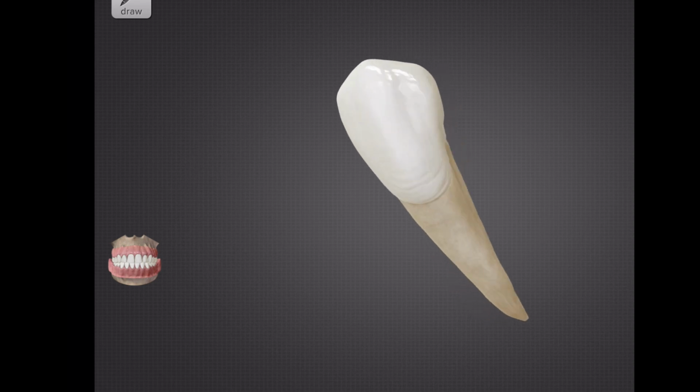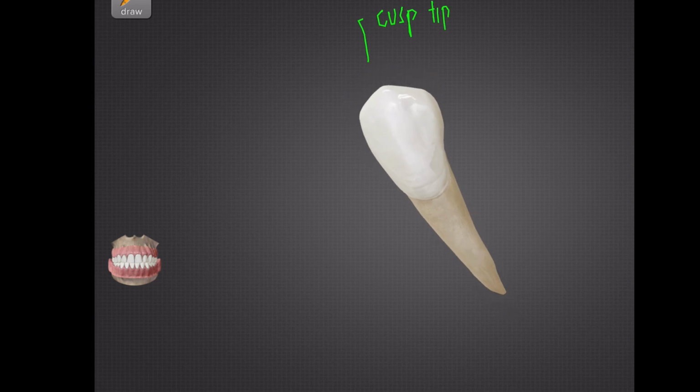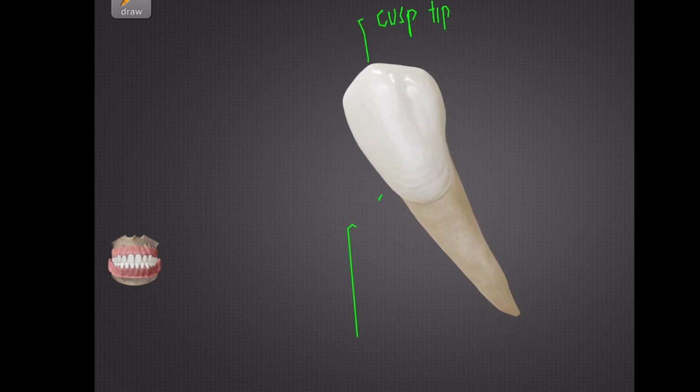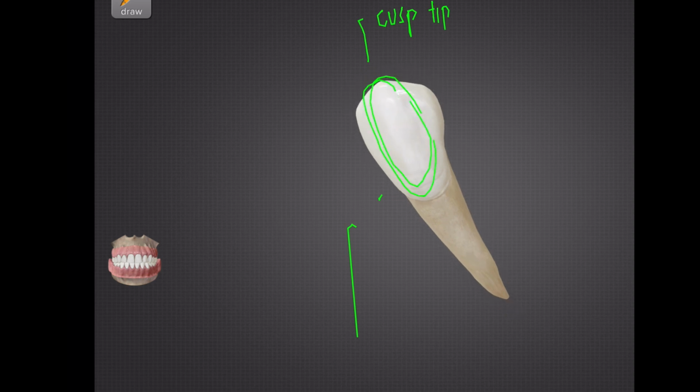It is a pronounced labial development of the middle lobe of the anterior teeth. So if this canine has its cusp tip, this area is your labial ridge. See that elevated area, a pronounced labial development.